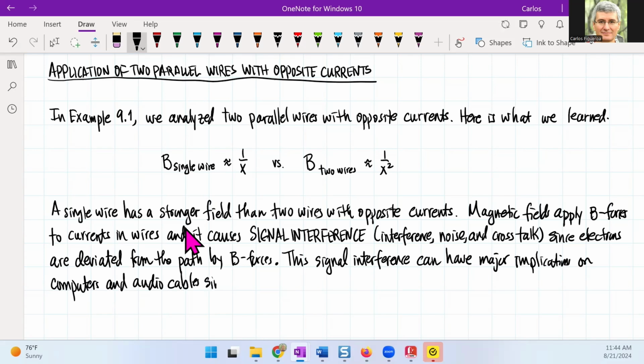Maybe I should write that, since magnetic forces can distort their currents slash signals.